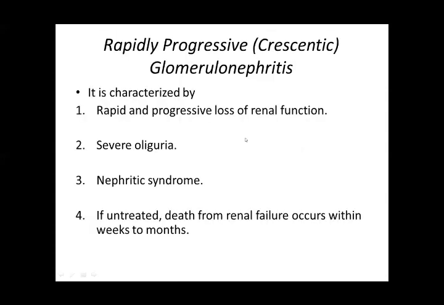So, what are the characteristic features? Nephritic syndrome is one of the characteristic features. No urine, severe oliguria or anuria. Oliguria means urine less than 400 ml per day, or some books say less than 500, but mostly it is less than 400 ml of urine per day.